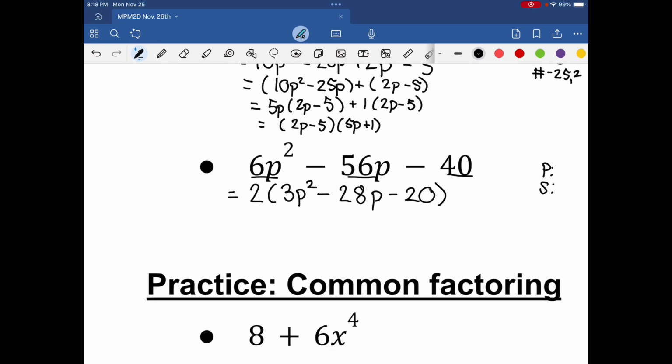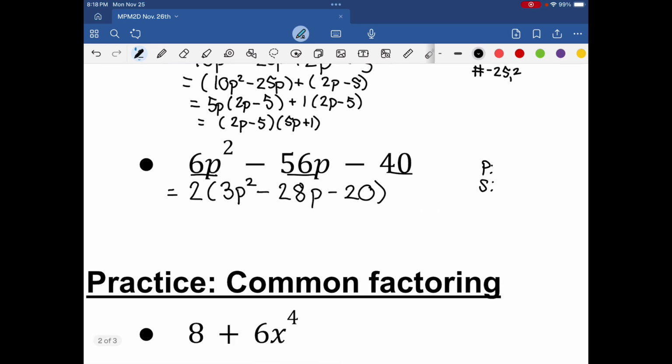Okay. Now I have my product and sum. My product is 3 times negative 20, which gives me negative 60, and my sum is negative 28.